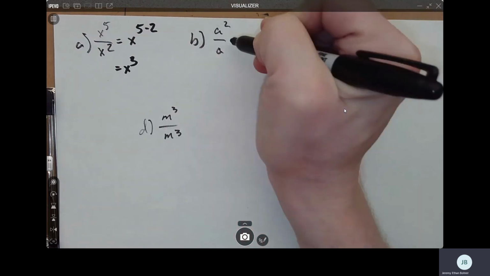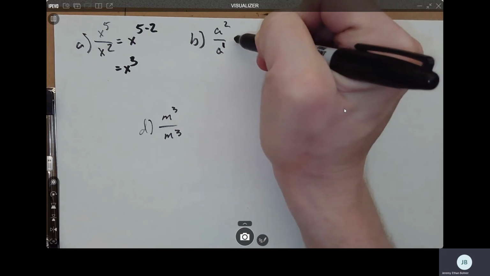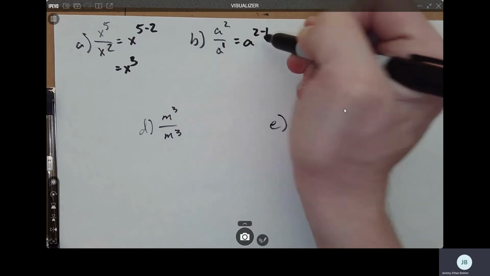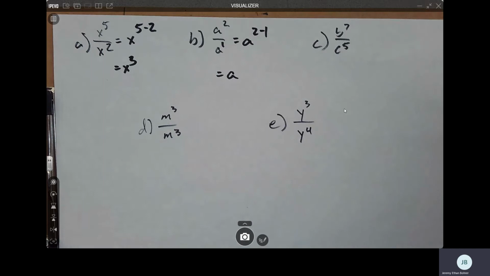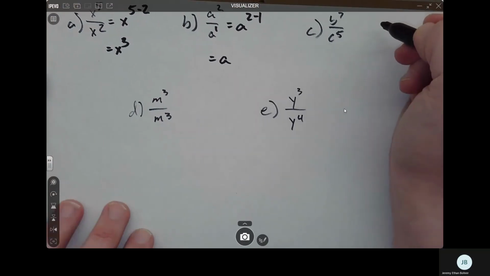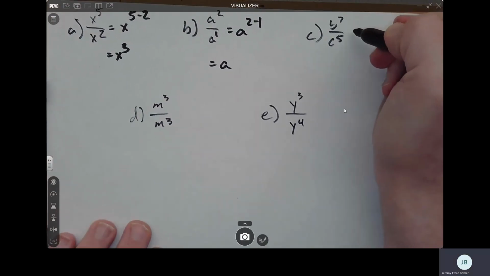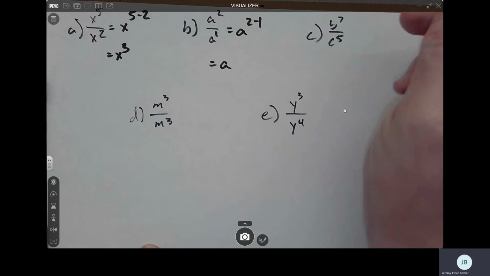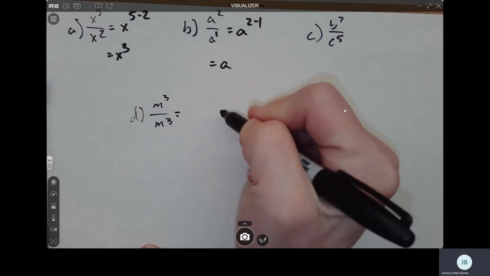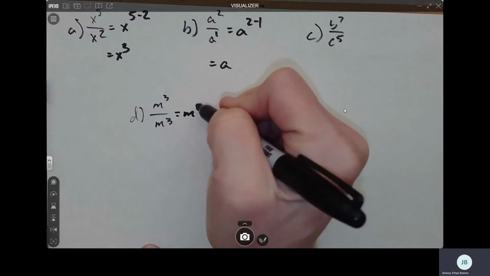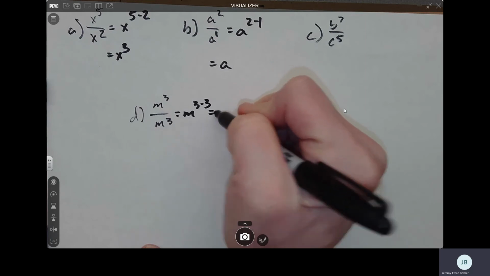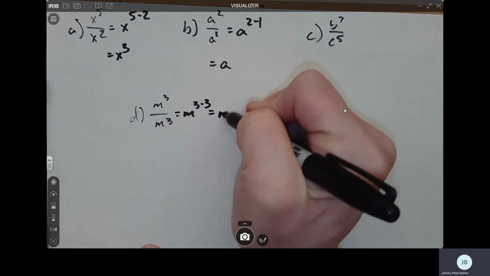Here we've got a squared over a, which is, of course, a to the first. So it's a to the 2 minus 1, which is just a. We've got b to the 7th over c to the 5th. And again, we have different bases here, so we can't do anything with this, and that stays the same. Here we have m cubed over m cubed, so that's m to the 3 minus 3, which is just m to the 0.